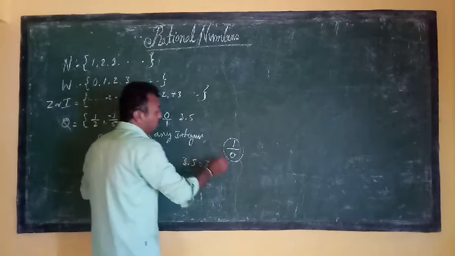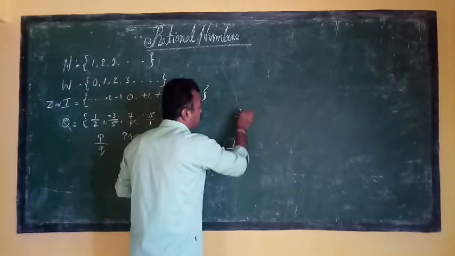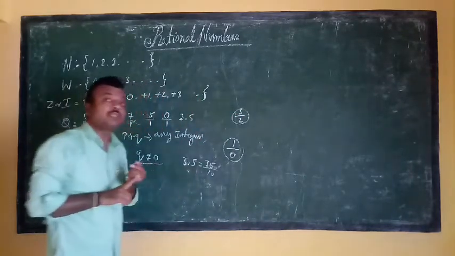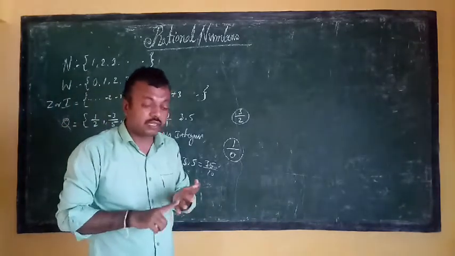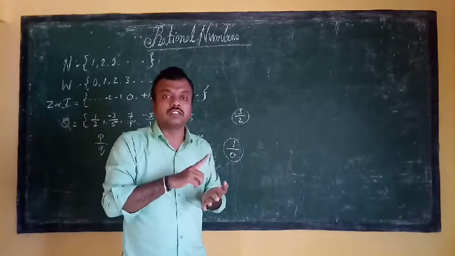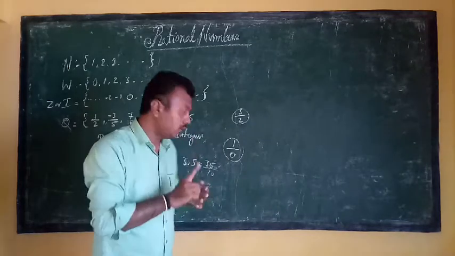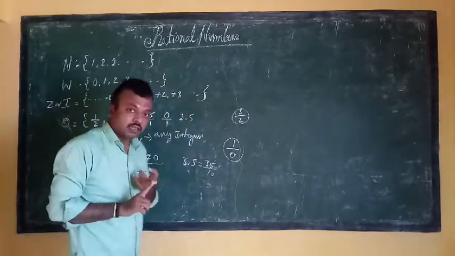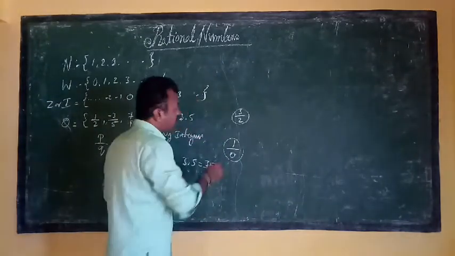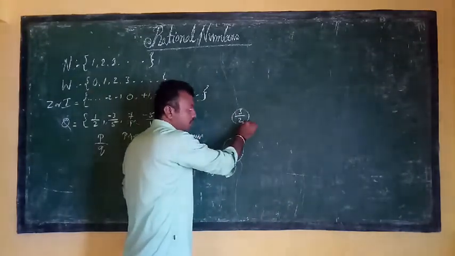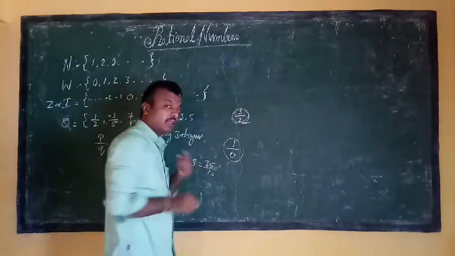Next students, 3 by 2 is basically what? We learned fractions in the 4th, 5th, 6th or 7th standard, correct. Are fractions and rational numbers the same? No, there is a little difference. 3 by 2 is basically a fraction, but it is also a rational number.